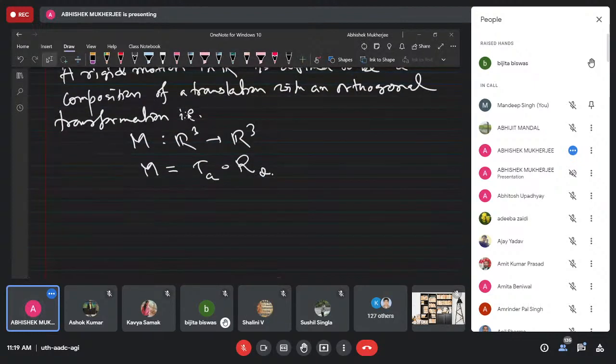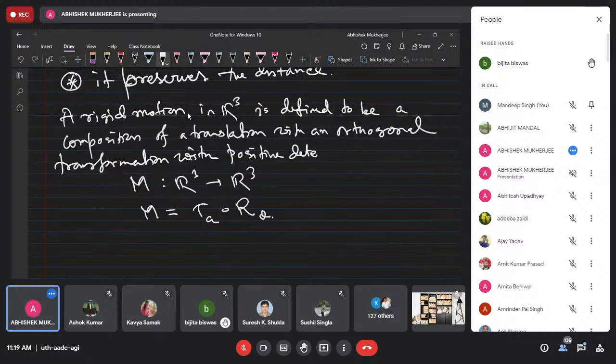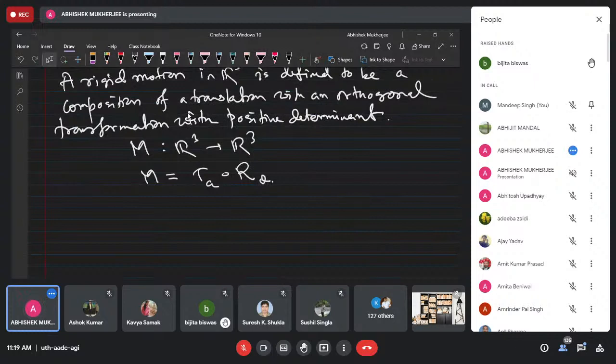Having the orthogonal transformation, we should take it with positive determinant.